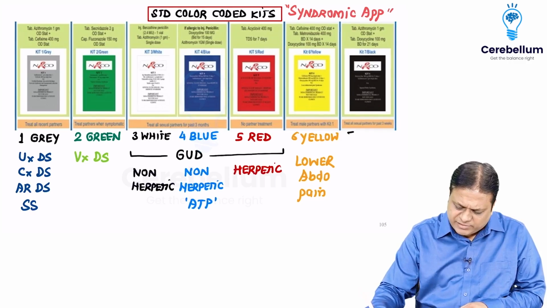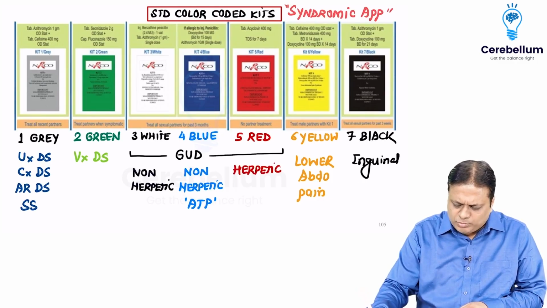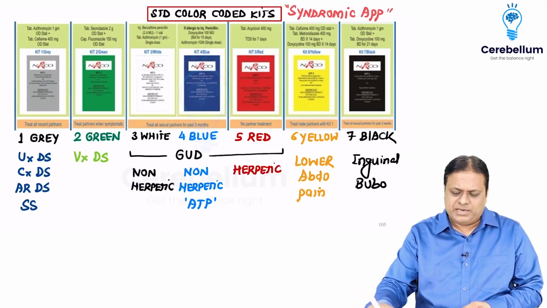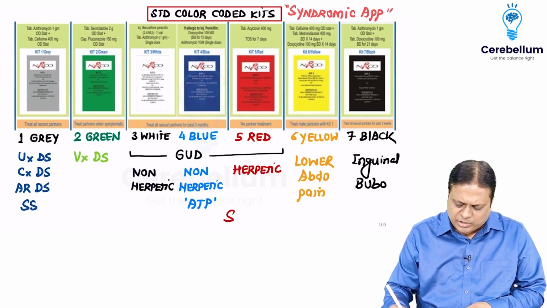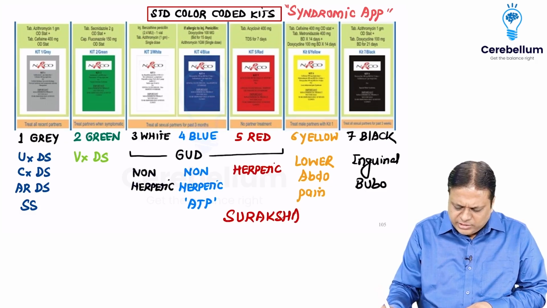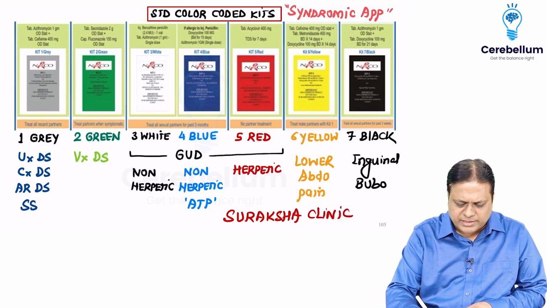And kit number 7, black. This covers inguinal bubo. These kits are available at STD clinic, now known as Suraksha Clinic, in the National AIDS Control Program of our country.